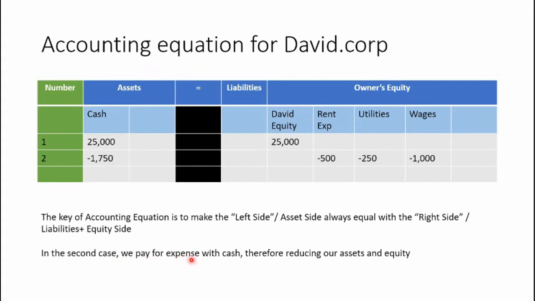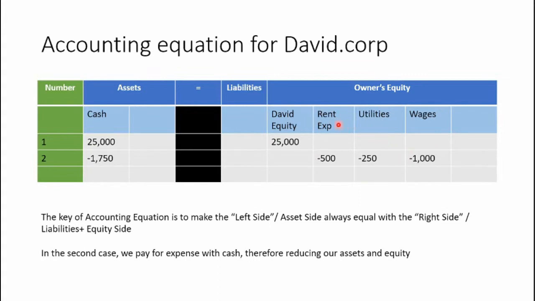That means it will reduce our cash by the sum of the amount of all the expenses here. The important thing is that we need to make the left side and right side always balanced. So if cash is reduced this much, then we also need to reduce the owner's equity. That is why we record the expense here.